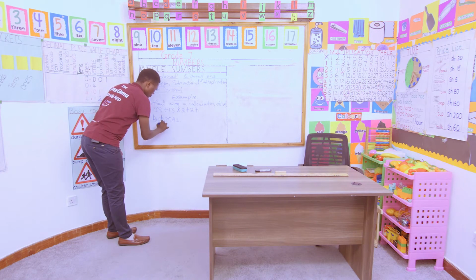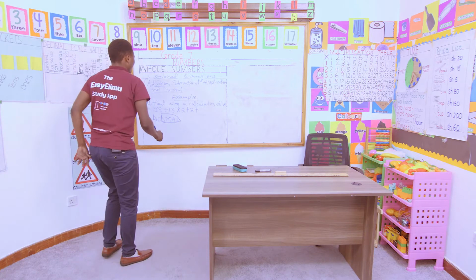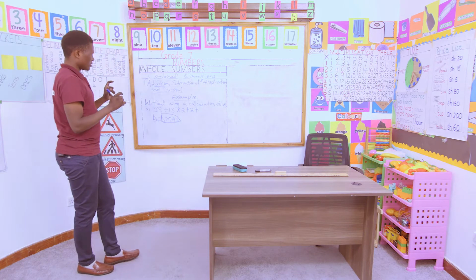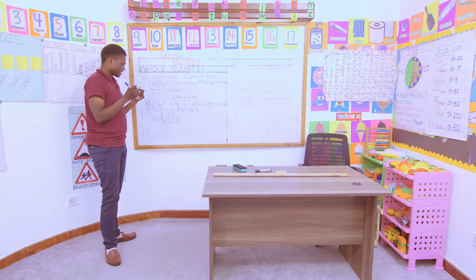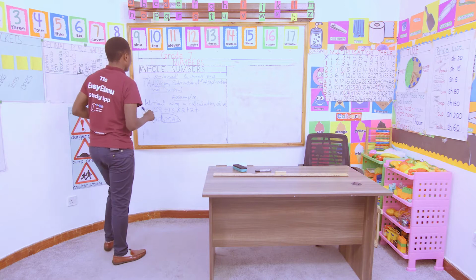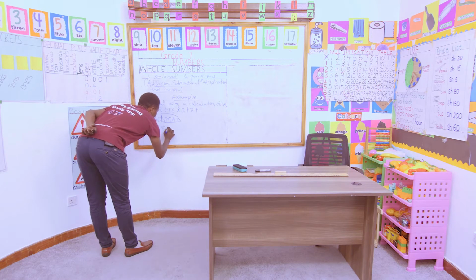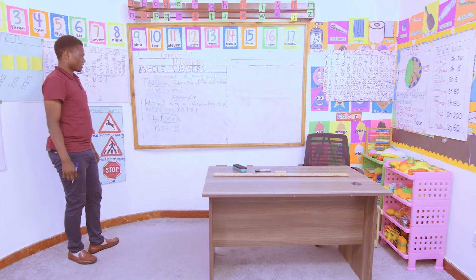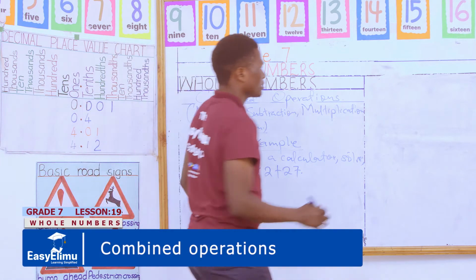So our application of BODMAS begins from this point. We are going to rewrite our question and group using brackets in the order in which our operations are supposed to be carried out. First of all, we shall have 138 divided by 13. That's the first thing we are going to do, because according to BODMAS, division comes first.